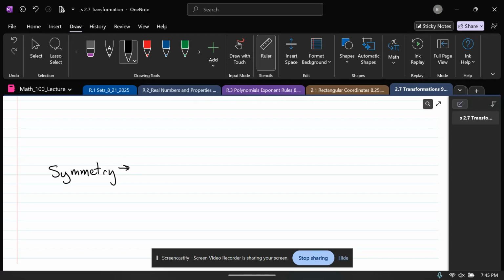So symmetry can be with respect to the y-axis. We plug in a negative x to the function.